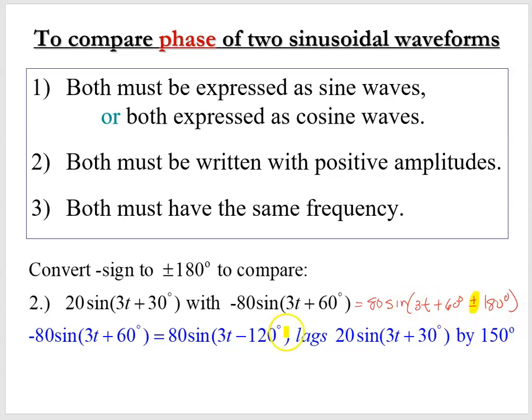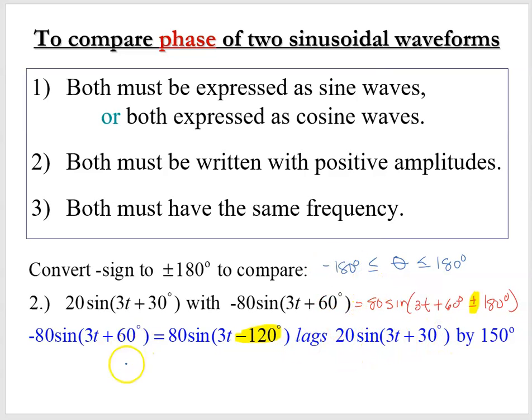Well, what was chosen here is the minus 180 degrees. So we subtract 180 degrees so that this final angle of negative 120 degrees is in the range we typically want to keep the angle theta in, between 180 degrees and negative 180 degrees.